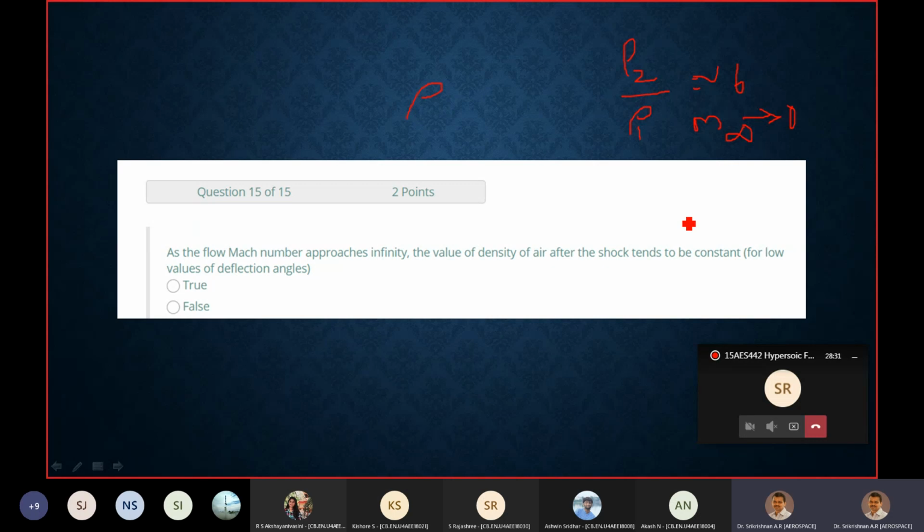But what tends to remain constant in the high hypersonic range is the ratio of density to the free stream density, rho2 by rho infinity. The statement says the value of density of air after the shock tends to be constant, which is not correct. So the statement is false, and false is the correct choice. Is that okay?